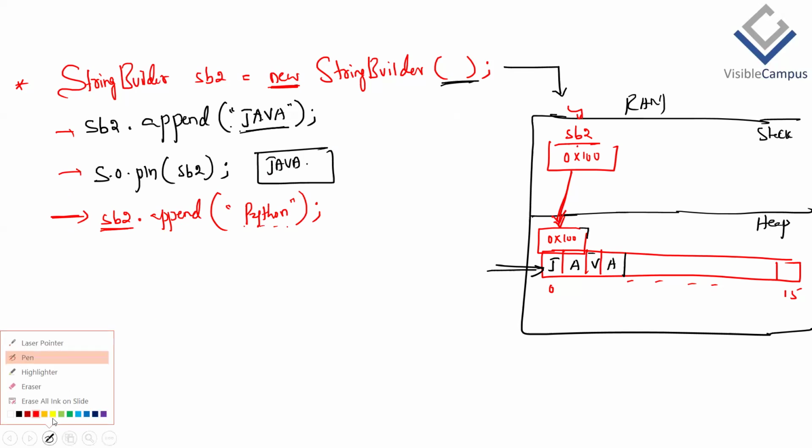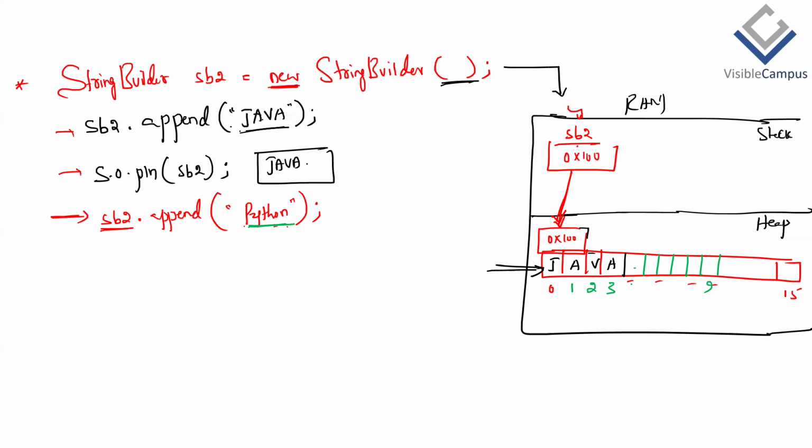Then the programmer is trying to add how many characters? 6 more new characters. Does it have enough space? Yes, because previously there are characters from index numbers 0 to 3 only. Then 4th, 5th, 6th, 7th, 8th, 9th are enough to add the remaining things. Is it available or not? Yes, available. Therefore, when JVM executes this one, from the next empty cell onwards, this Python will be added character-wise.